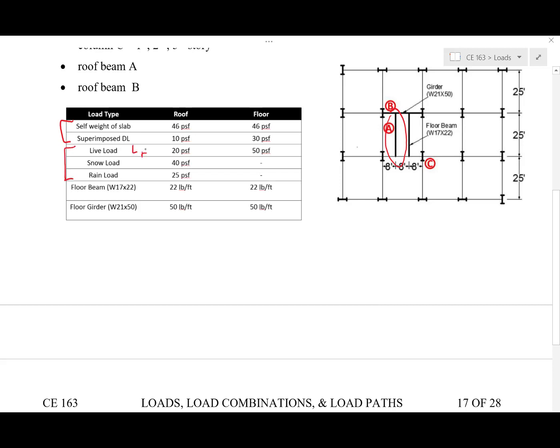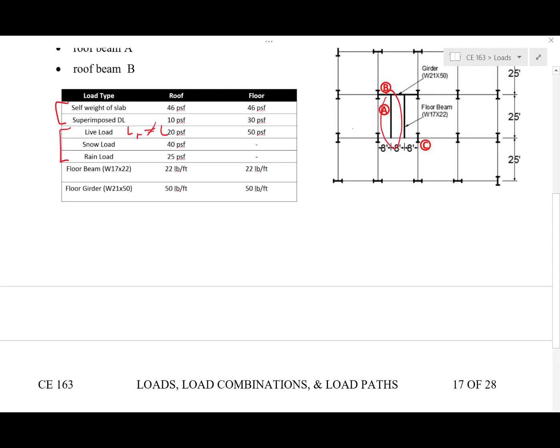This is L sub R, right? This is not the L when we start talking about load combinations. L is for occupancy. L sub R is going to be its own category dealing with loads on the roof. We also have some dead load information regarding the beams.